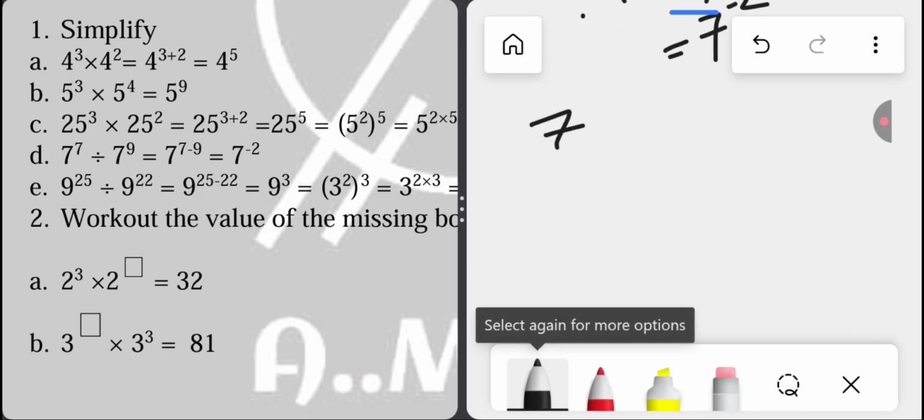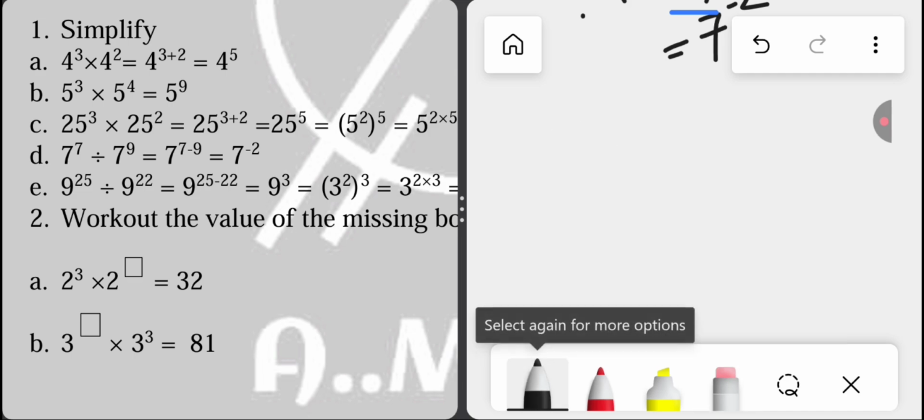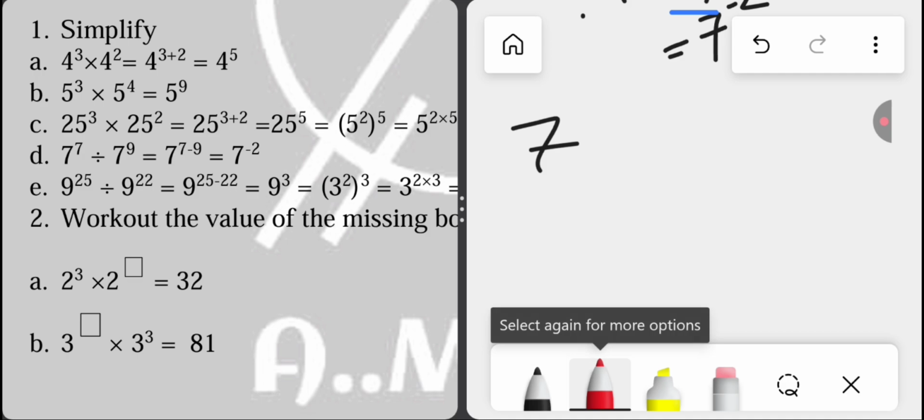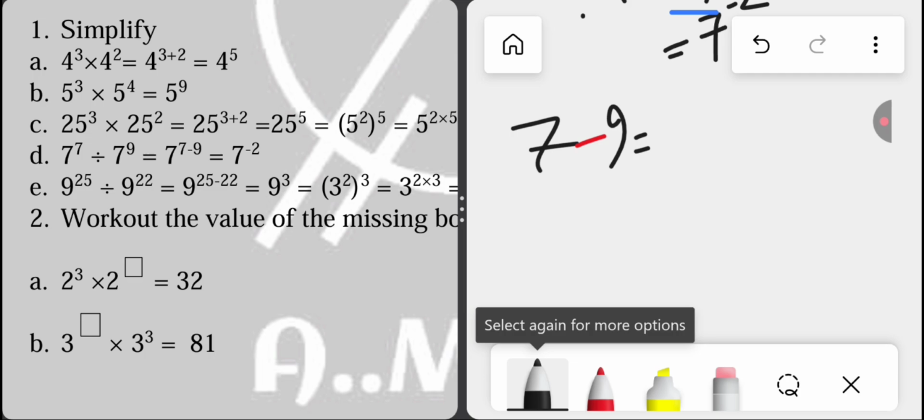See, 7 minus 9, right? Here we are gonna subtract it normally, like we do when 9 minus 7 is given, right?